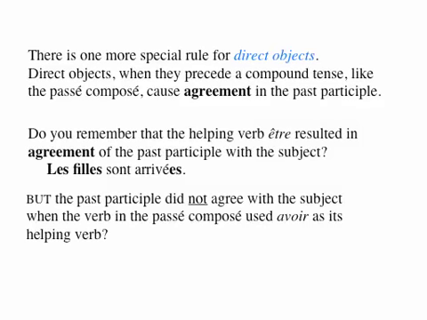But the past participle did not agree with the subject when the verb in the passé composé used avoir as its helping verb. So, les filles ont mangé, manger tout court. We didn't add anything to the end of it because we did not have agreement as long as our helping verb was avoir. We didn't care anymore what the subject was.